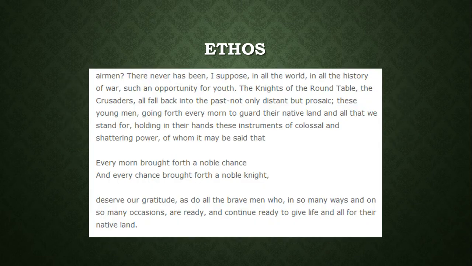Okay, and then we have the slightly altered version of it, where we have Winston Churchill appealing to the ethos of what it means to be a Brit. He talks about the Knights of the Round Table.